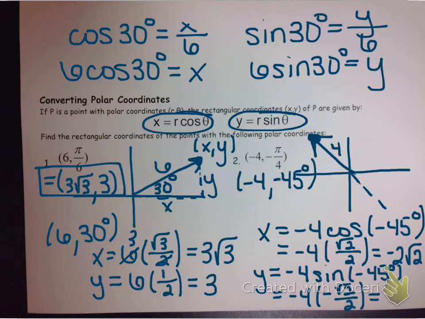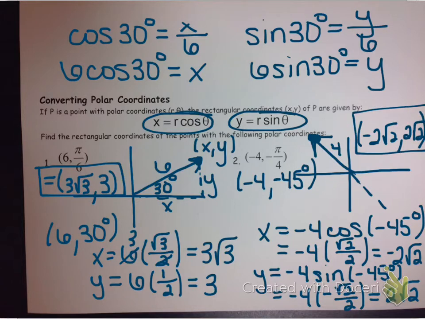And so when I multiply those together, I get positive 2 square root of 2. And so the coordinates in Cartesian form would be negative 2 square root of 2 for the x and positive 2 square root of 2 for the y. And so that confirms that you should be in quadrant 2. You went left, but you went up.